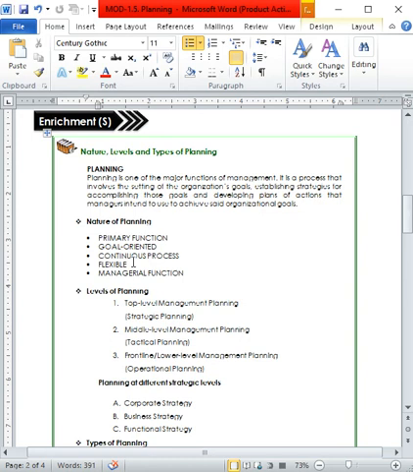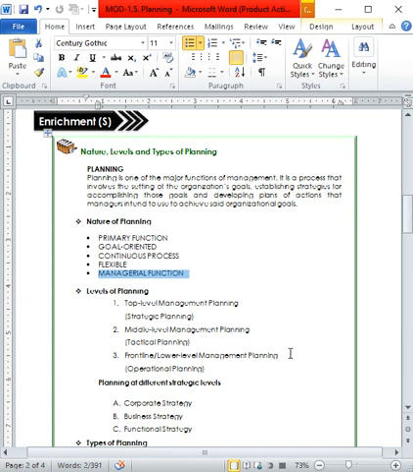There is a possibility of deadlock in the functions of management. That's why we have to be flexible. We also have the managerial function. It is found at all levels and all departments of an organization. That's why we have managers. It involves choosing the future course of action from among alternatives.